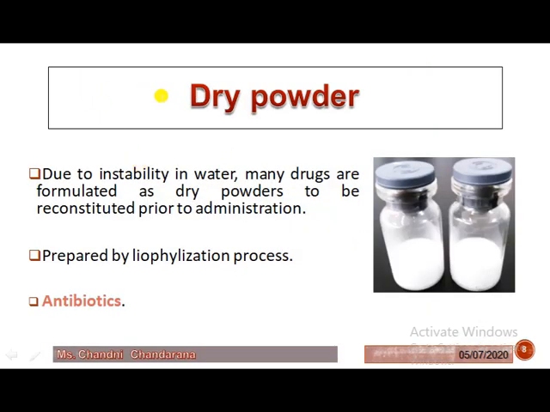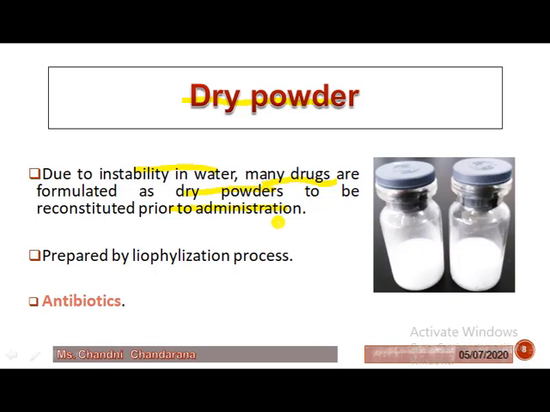Next is dry powder. As we have seen solution, suspension, as well as parenteral emulsions, why do we require a powder? Some drugs are not stable in water. So due to instability in water, many drugs are formulated as dry powders to be reconstituted prior to administration.